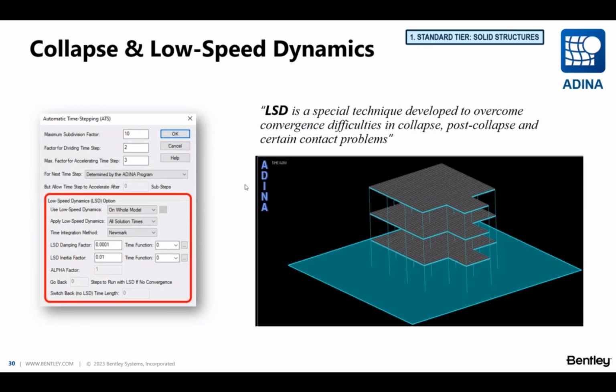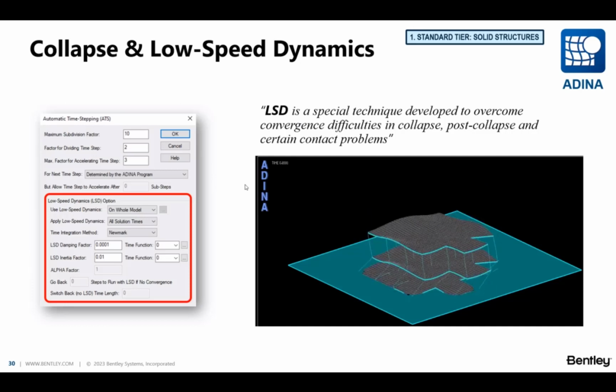So let's start with a series of descriptions and animations on various of those features available in Adina. And the first one that I wanted to introduce is collapse analysis, which is an analysis type that we may want to analyze statically up to the point where the structure starts to see really large displacements. For those cases, Adina has the low-speed dynamics feature, which is a special technique developed to overcome convergence difficulties in collapse, post-collapse, and certain contact problems.